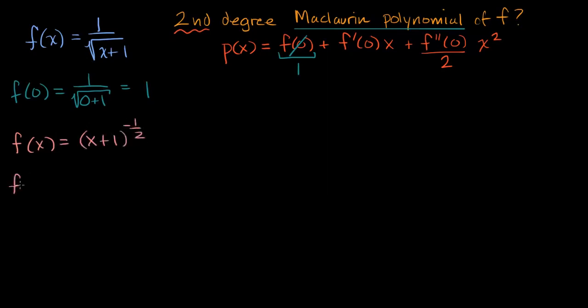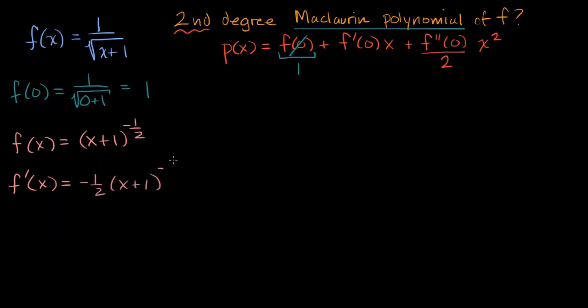And so if I'm thinking the first derivative of f, well, I could use the chain rule here. The derivative of x plus 1 with respect to x, well, that's just going to be 1. And then I'll take the derivative of this whole thing with respect to x plus 1, and I'll just use the power rule there. So it's going to be negative 1/2 times x plus 1 to the, and I decrement the exponent, negative 3/2.